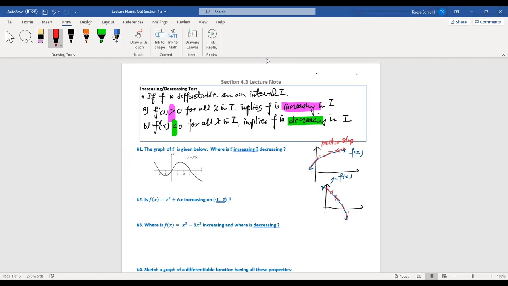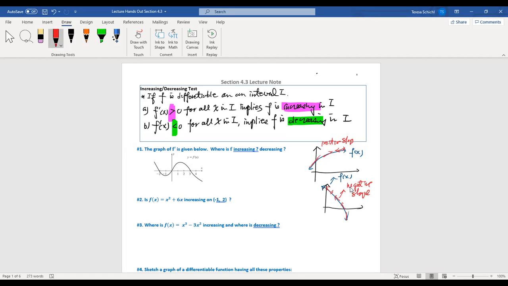So all of these have a negative slope. We know the slope of the tangent line is how we define the derivative. So if f prime of x is greater than 0, then f is increasing, and if f prime of x is less than 0, then f is decreasing.